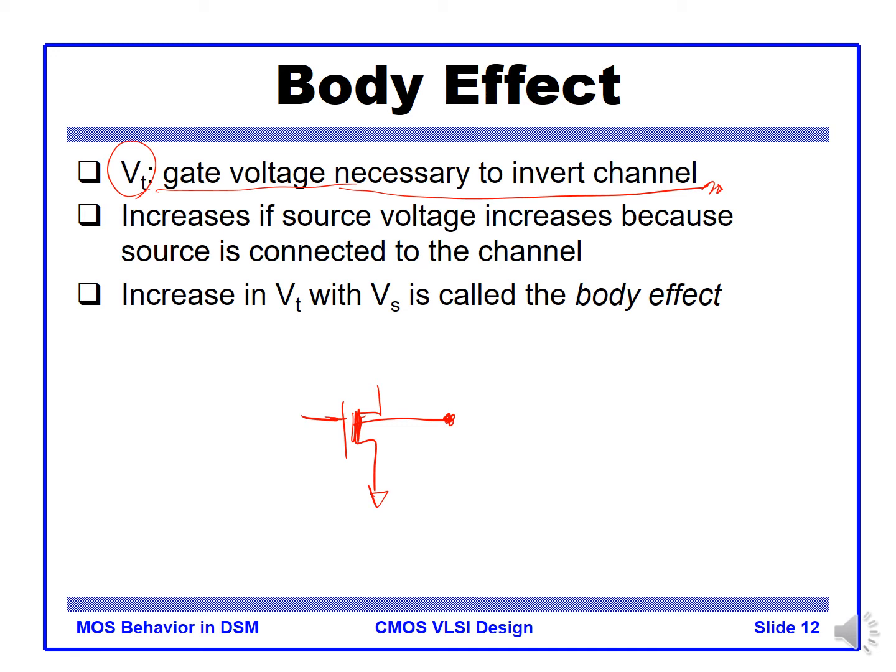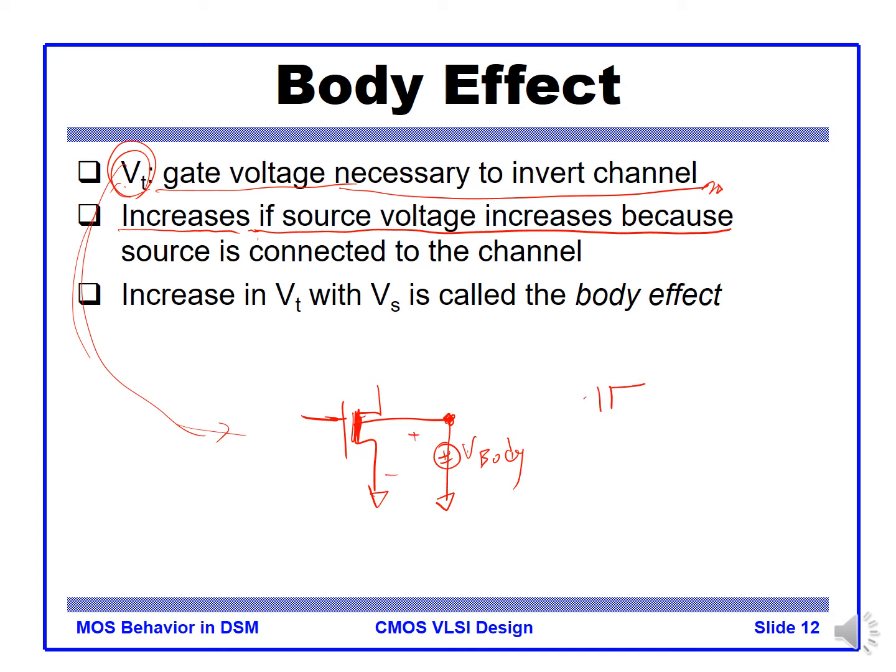So far we just assumed that if the body is connected to ground, we measure the VTH to make the channel inversion. But if we have a different voltage there, V body, the VTH will be different. So actually VT increases with the source voltage, so this is kind of a relative voltage.